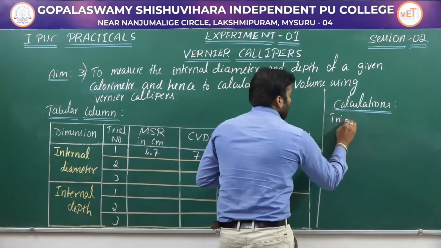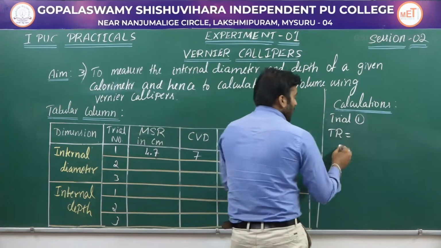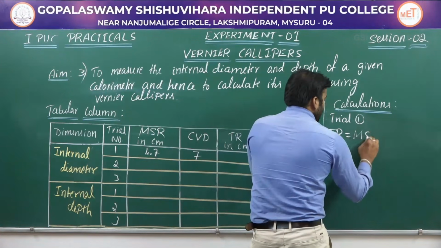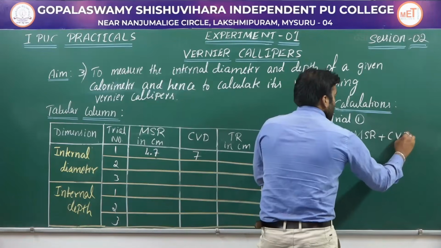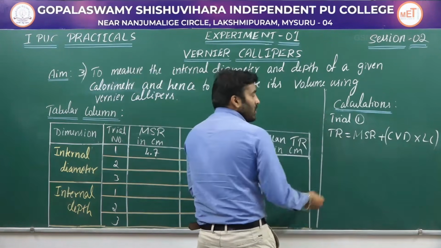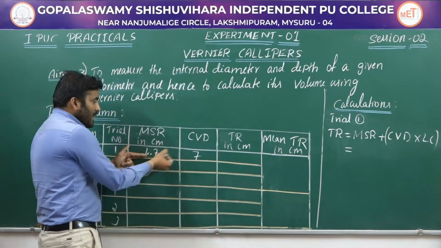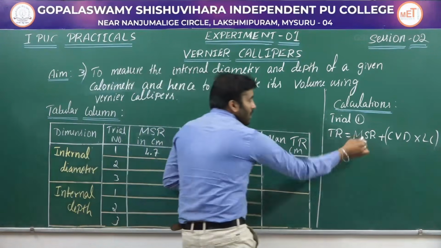For trial number 1, we have a formula for finding the total reading. TR is equal to MSR plus CVD into LC, and we know the value of LC is 0.01 centimeter. Now let us substitute these values. MSR is 4.7 and CVD is 7.